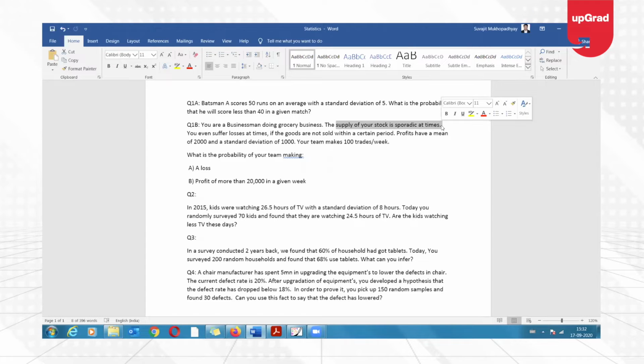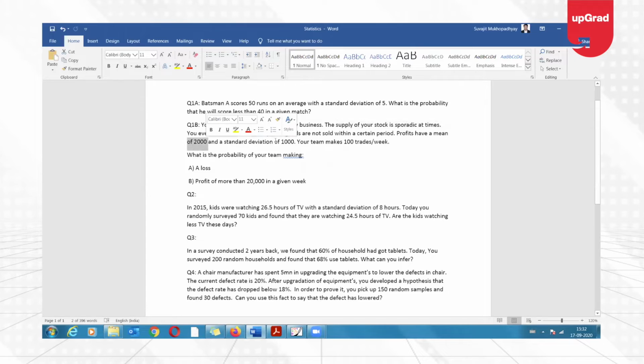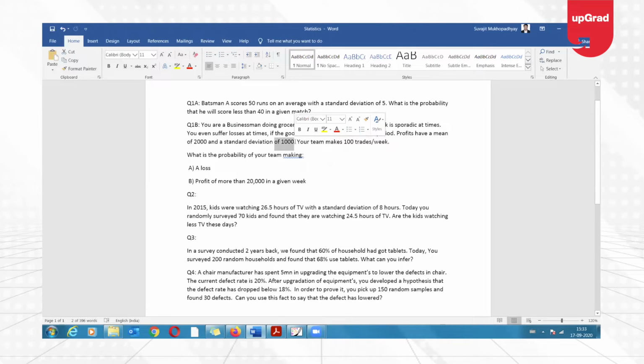So profits have a mean of 2000 and a standard deviation of 1000, which very clearly shows that the business is very topsy-turvy. Though you make profits, at times you do make losses, because the standard deviation, if you look at it, it's 1000, quite high.